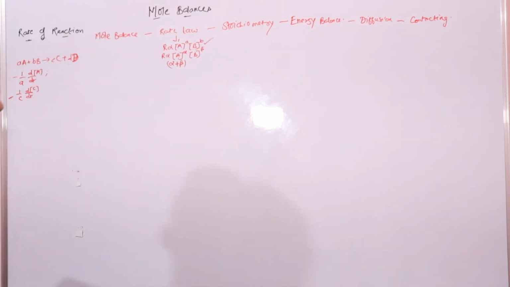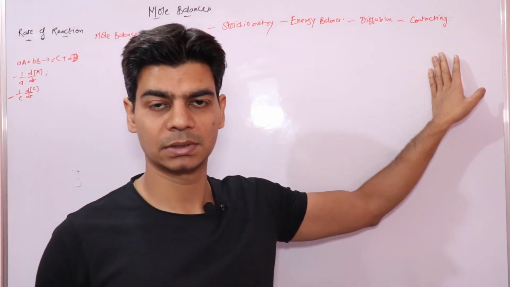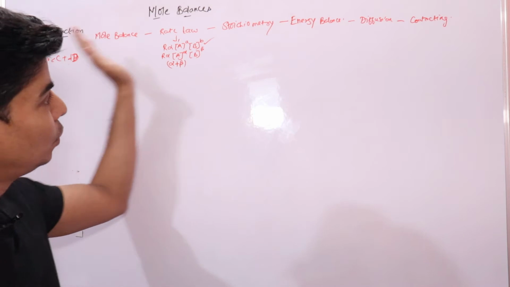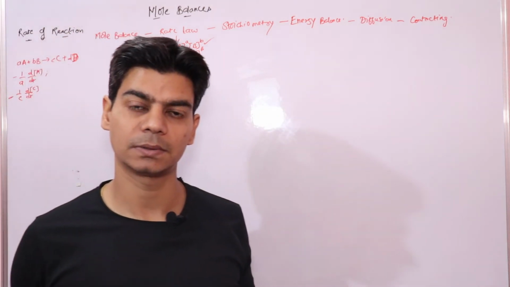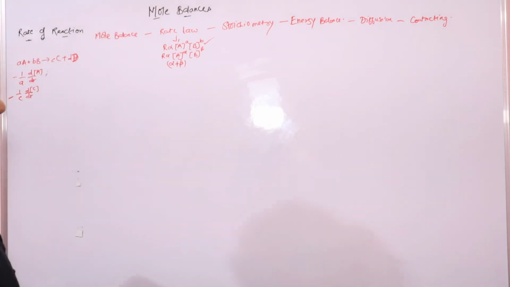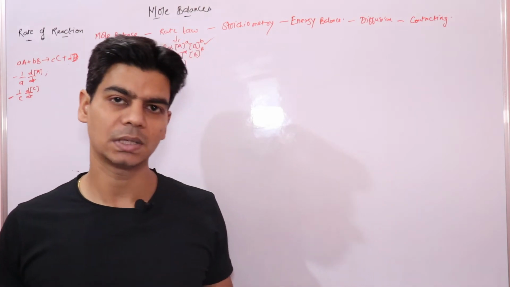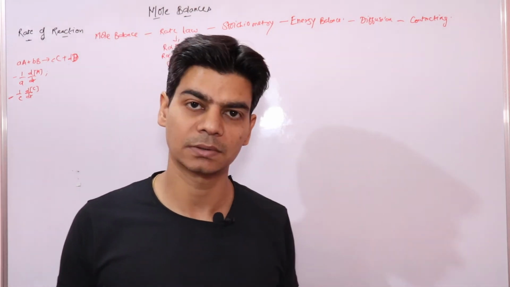So a chemical reaction engineer is required to do all these things throughout their career, while working in chemical reactors. That is why we call these the pillars of chemical reaction engineering, because a chemical engineer would always be dealing with these things.